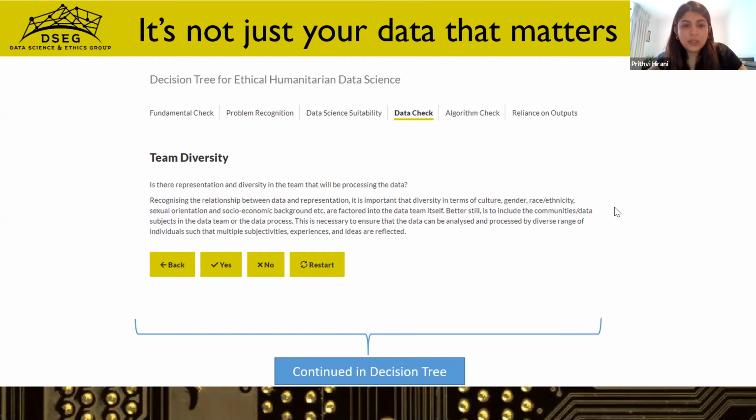So when we say diversity, we also want to place a lot of emphasis on multiple subjectivities and knowledge communities that may be analyzing the data, so that we can help mitigate unexpected consequences of the project, and particularly in the humanitarian sector, improve accountability and questions of exclusion.